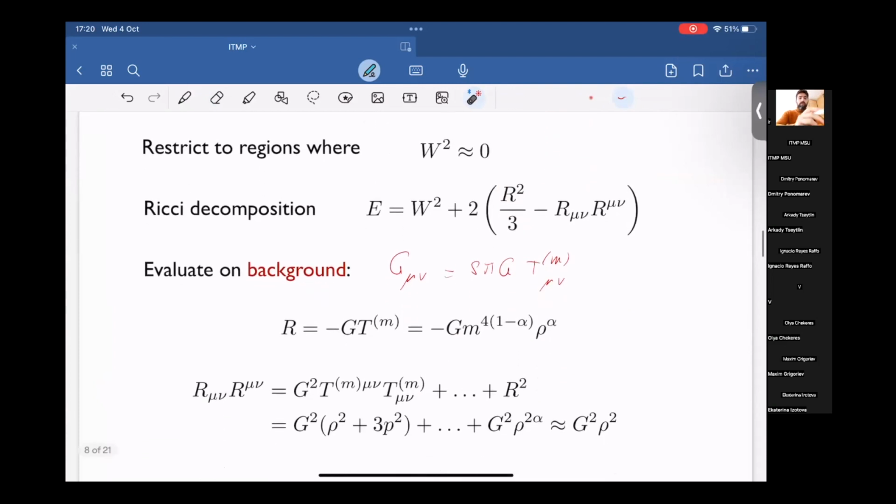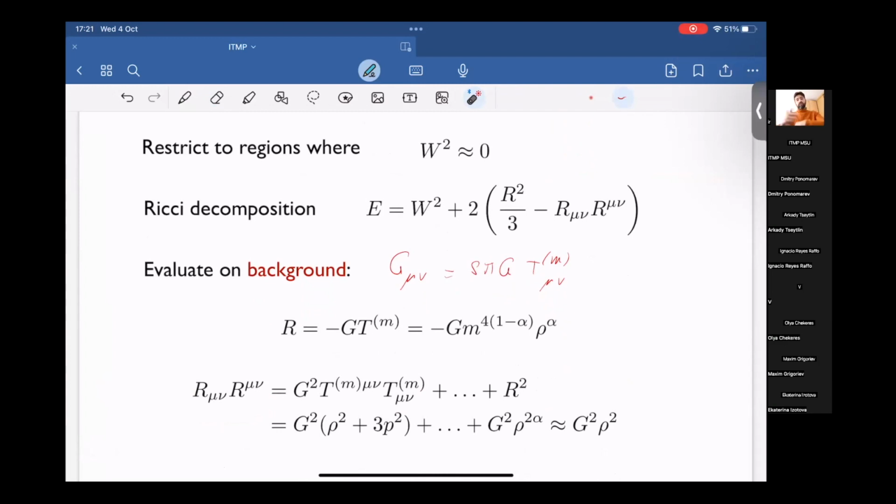Similar thing with the Ricci tensor squared. You can rewrite the Einstein equations by throwing the Ricci scalar to the right-hand side. This is just a very simple calculation: you just take the square of the Ricci tensor.